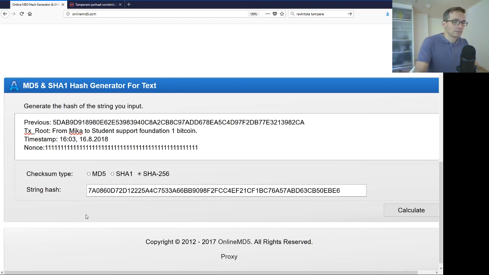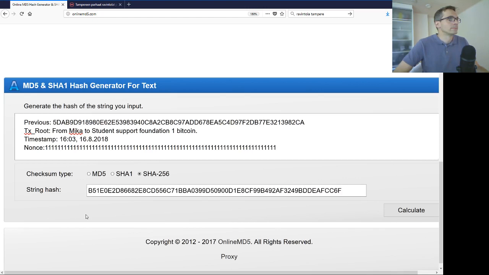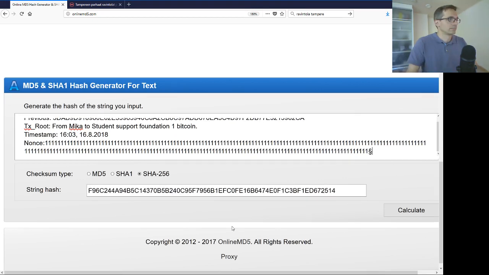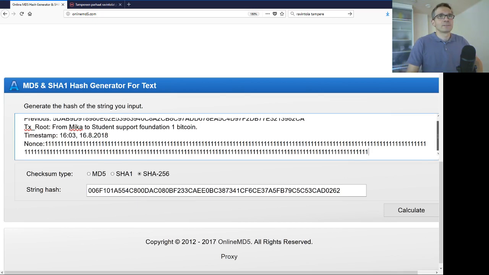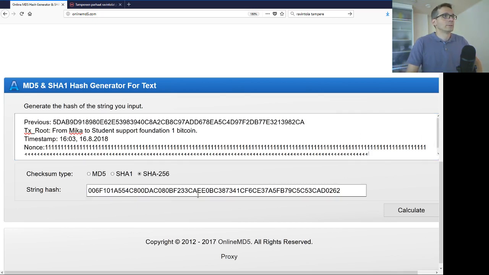I have seen there was also a 0, but no, it's not. No two zeros yet. Let's continue. Hello, welcome back. In order not to make this boring, I cut out some of the video, but you can see that I have successfully found a hash that matches the precondition of 2 zeros in the beginning.